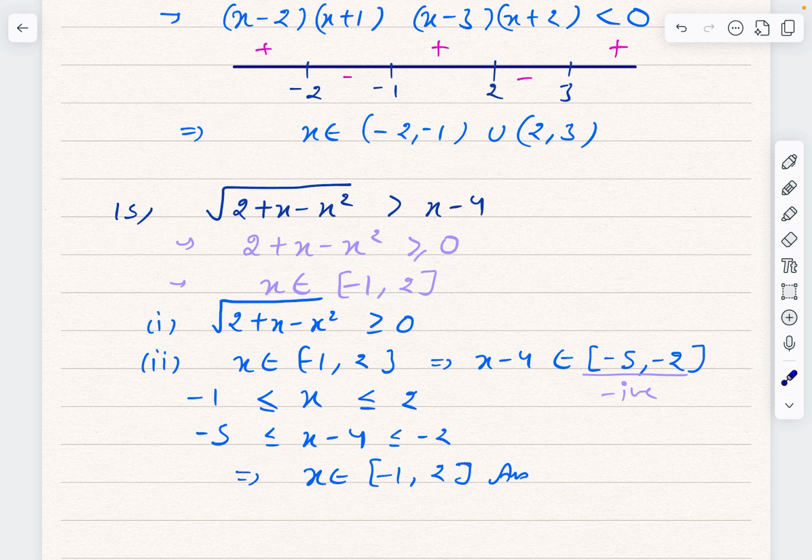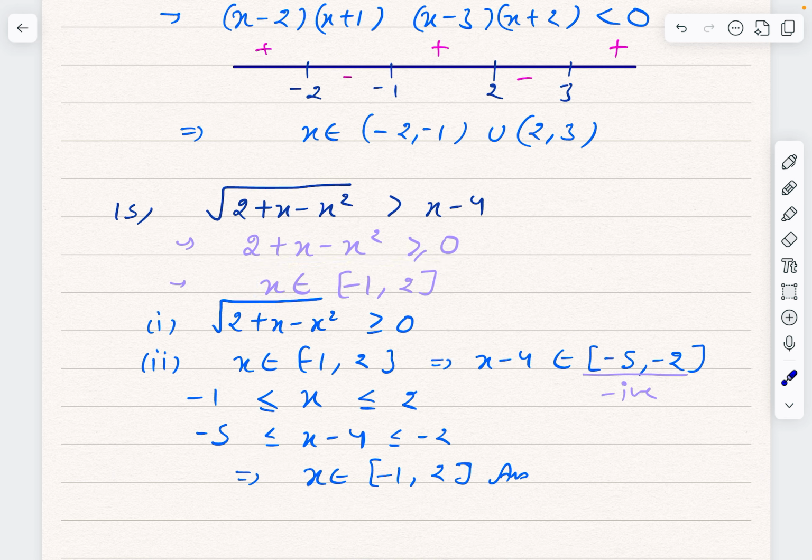And we know this left side will always be greater than equal to 0. Right side is x minus 4. You see, when x belongs to minus 1 to 2, basically when we have defined here x, now x will stay in this range only.